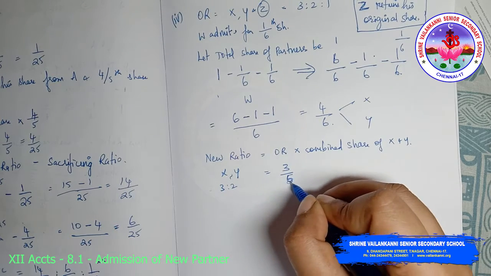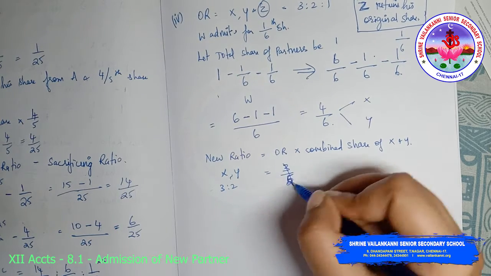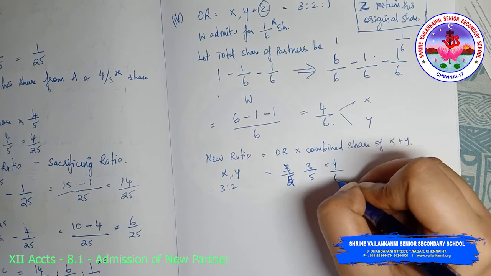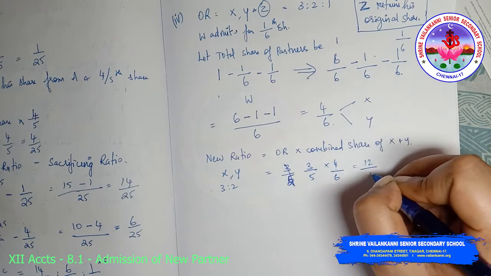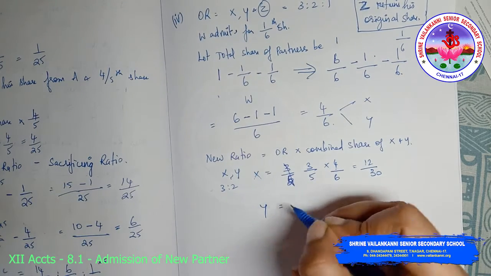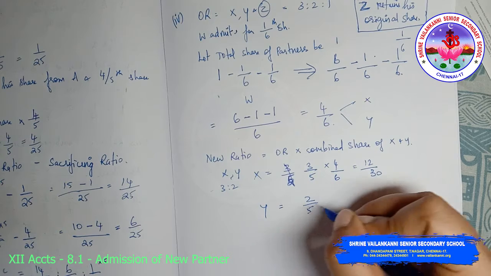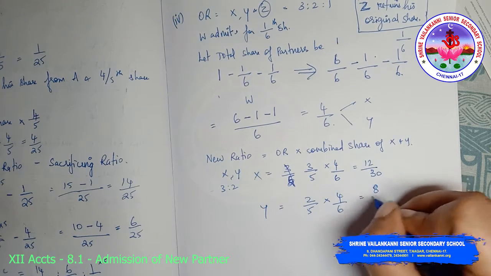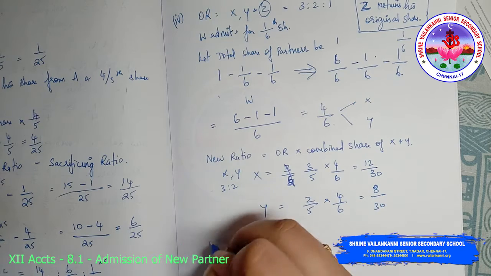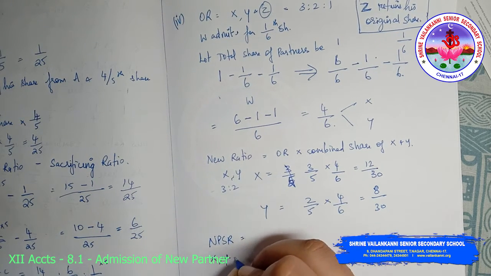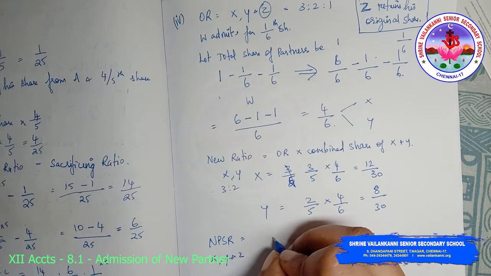I'm just writing it again. 3/5 into 4/6, which is 12/30. This is for X. Similarly for Y, it is 2/5 into 4/6, 8/30.